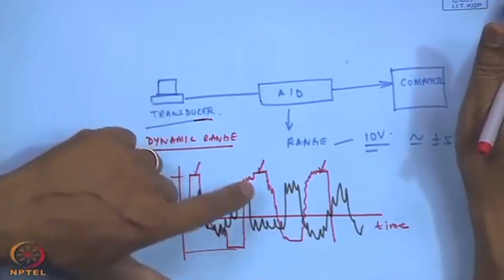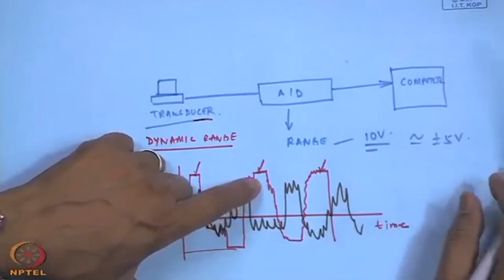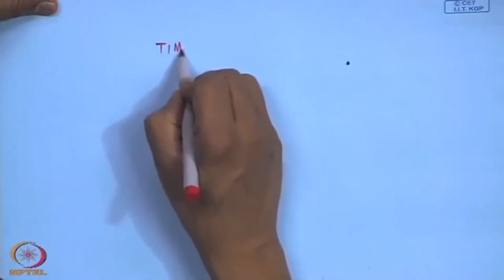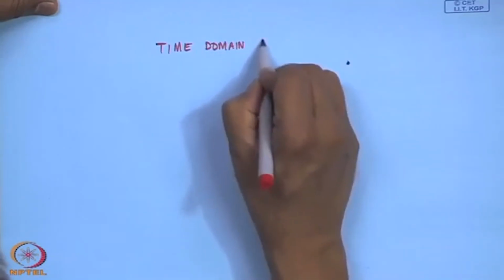So, looking at the physical nature of the signal characteristics, of course, how do I know in an automated system? It is not possible for anybody to look at a signal. So, we have to study the time domain features.